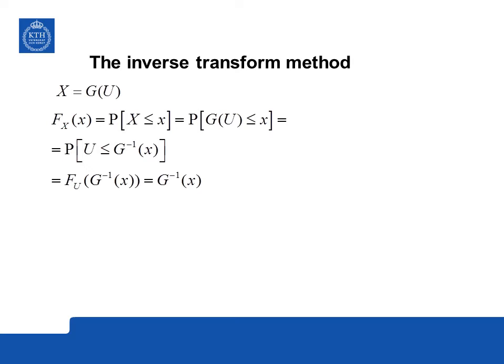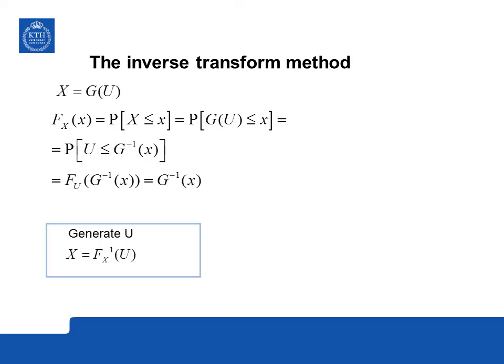And since the distribution function of a uniform variable is simply x, we can see that the distribution function of X will now simply be g^-1 of x. So this gives us an idea on how we should pick g.